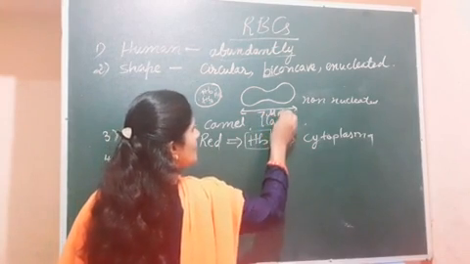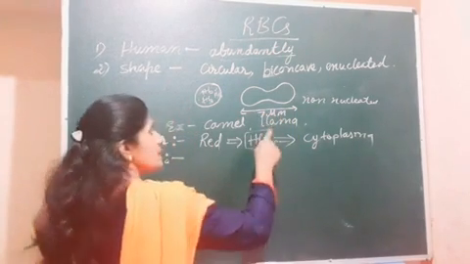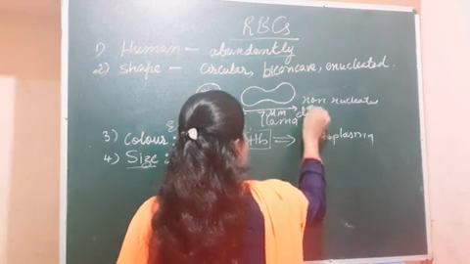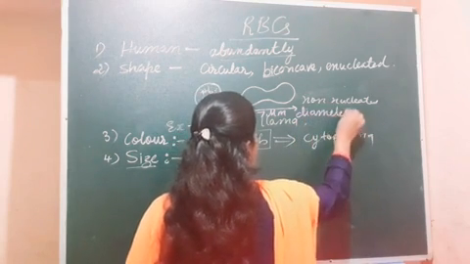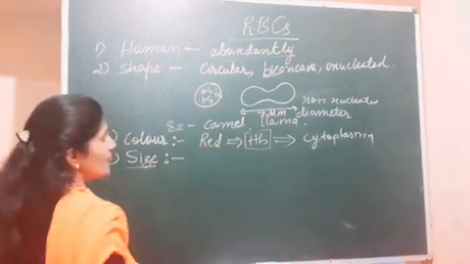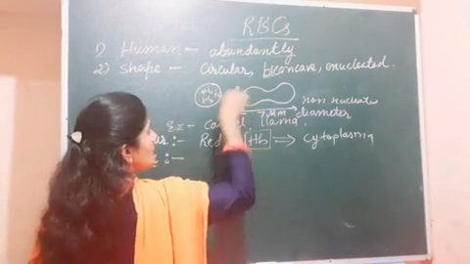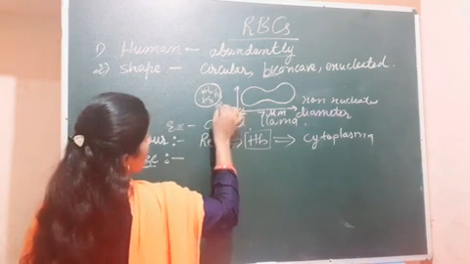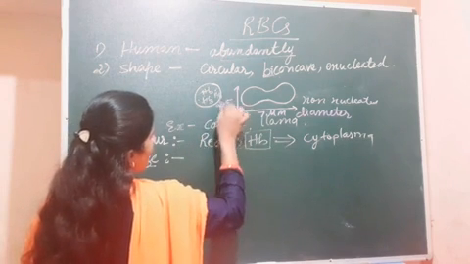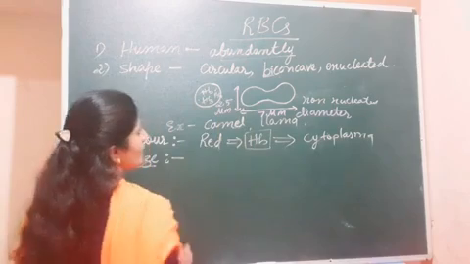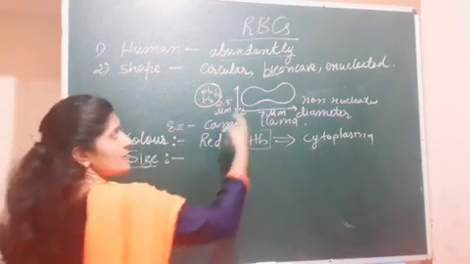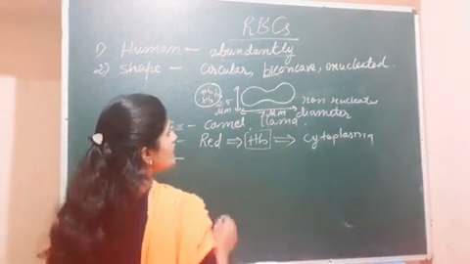This is the diameter. The diameter of RBC is 7 micrometer. The thickness of RBC is 2.5 micrometer, but it varies in different places.